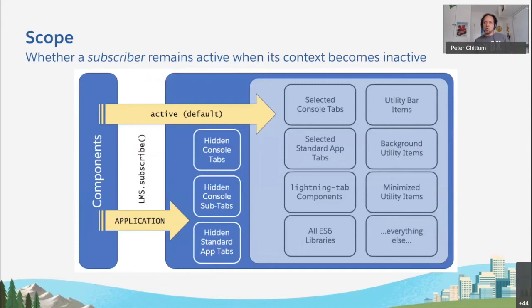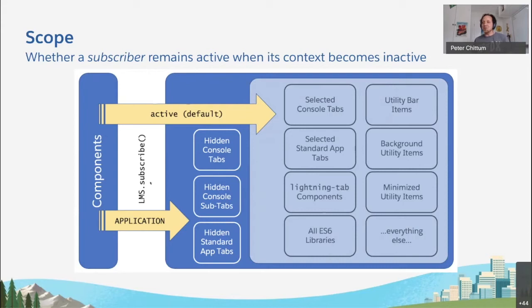Now, context works with scope, and scope is defined when a subscriber invokes the subscribe API. And that subscriber, if subscribe is called by default with no explicit scope identified, is going to be in active scope. And what that means is it's going to be sitting in one of these things here. Actually, let me rephrase that.